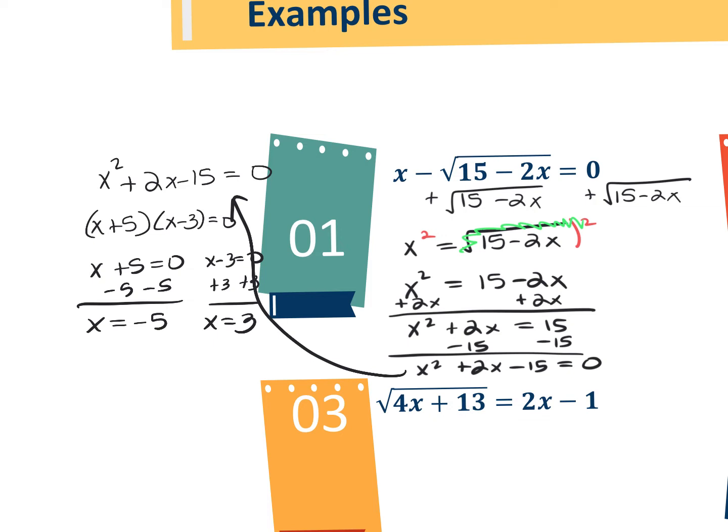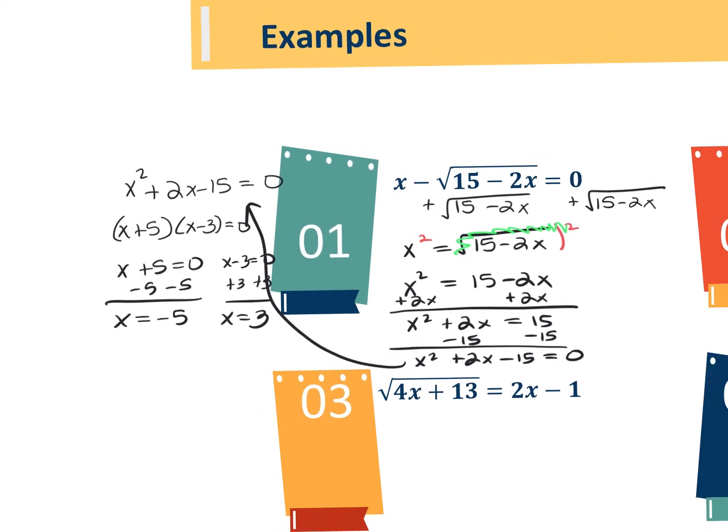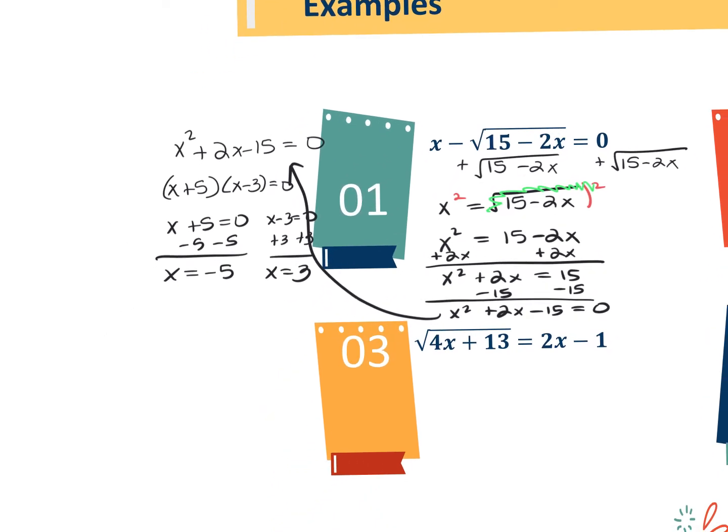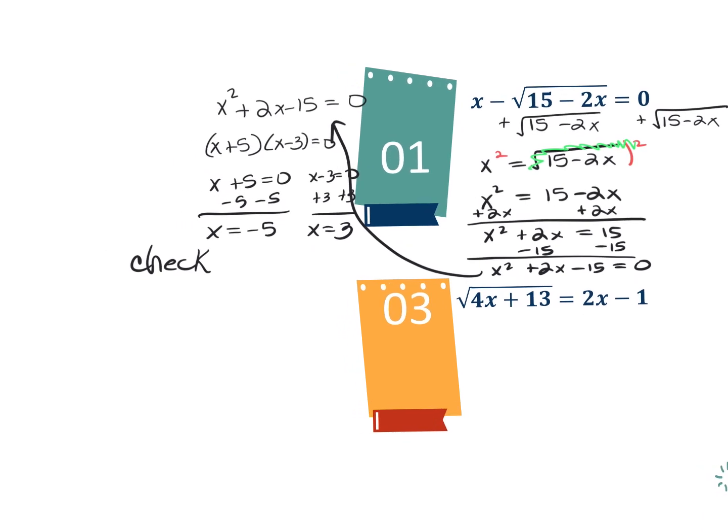Now, whenever you start out with a square root in your original problem, we need to check to make sure that our answers work. So what I'm going to do now is my check, which is mandatory. I'm going to plug in negative 5 and positive 3 into the original equation: x minus the square root of 15 minus 2x equals 0. I have to do this twice.